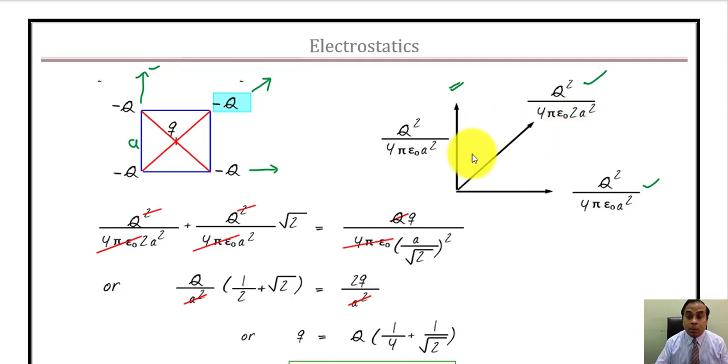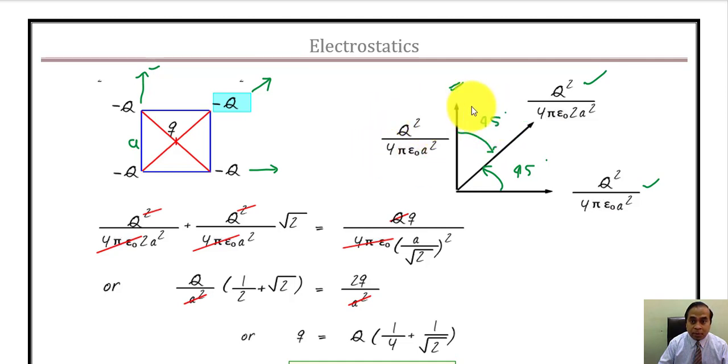Now you see the component analysis is taken this way. The component of this force along this direction, and similarly the component of this force along this direction, will be taken at a 45-degree angle.